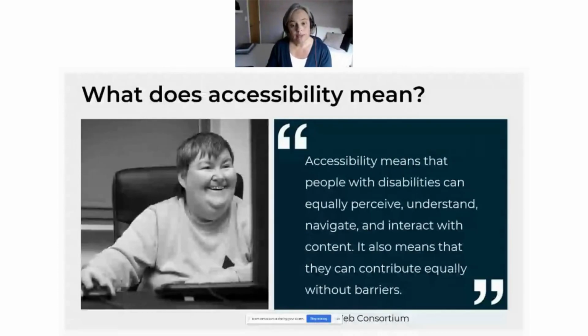I think one of the key words to be aware of in this definition is barriers, because unless we develop learning which is accessible, we are preventing people from achieving their full potential. If we create barriers in learning by not making it accessible, we are limiting people's ability to learn and therefore succeed in our education system, in the workplace, and ultimately even in our society.